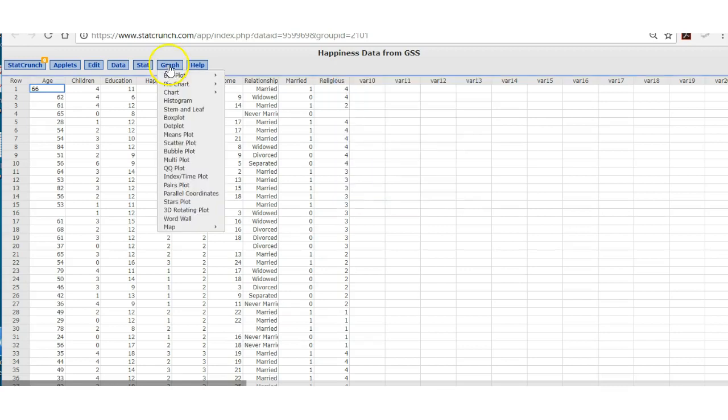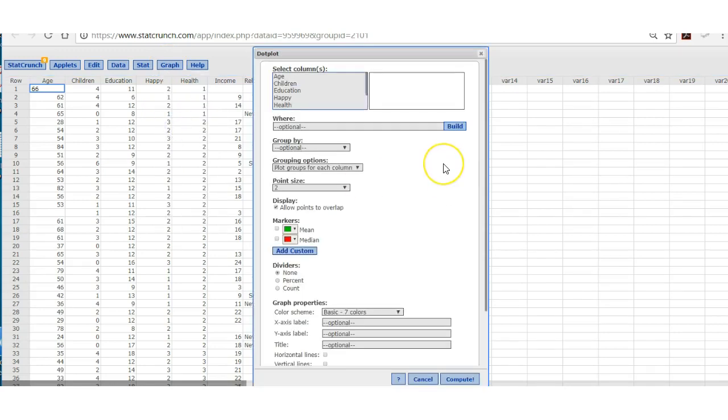Another type of graph for quantitative data is a dot plot. Now, this one doesn't work for all quantitative data because this uses each individual value in the graph. So this one works well for something like the children variable where you only have a few different responses.